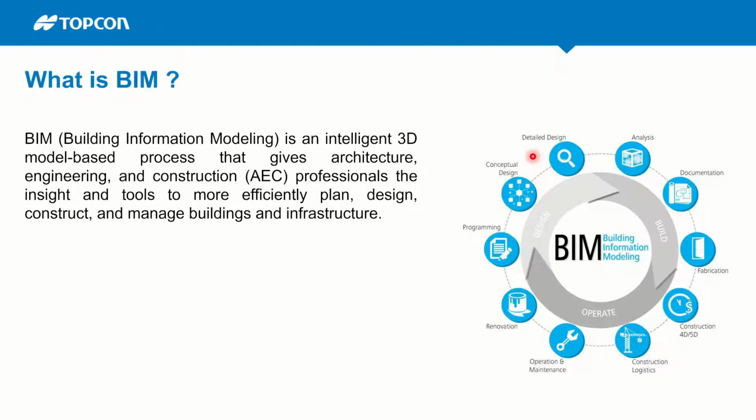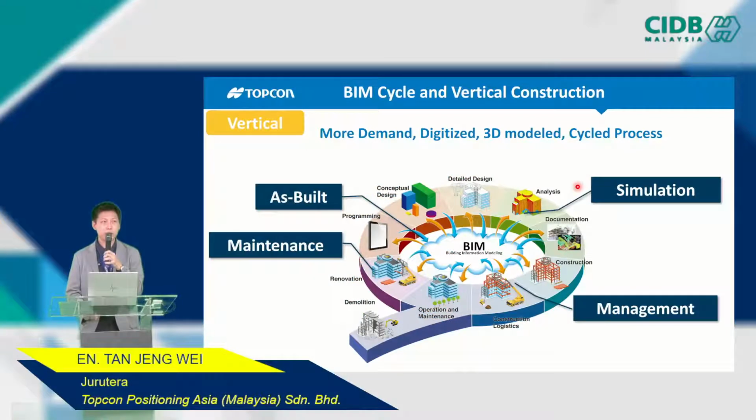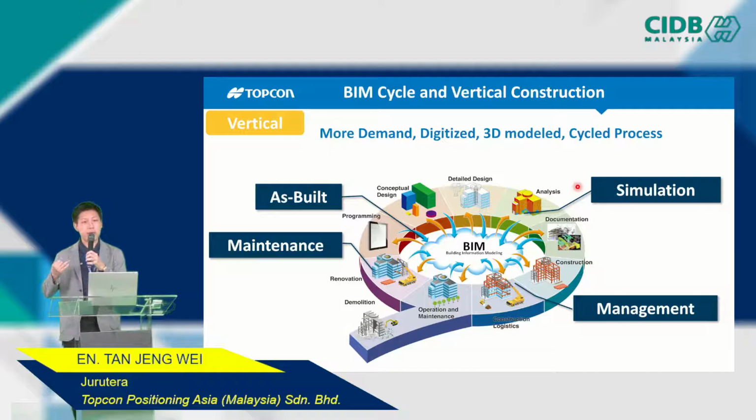For a vertical building, BIM can be involved in many aspects, starting from design, simulation, and then construction, as-built, and after the building is finished, we can use the BIM model to do the maintenance for the management.